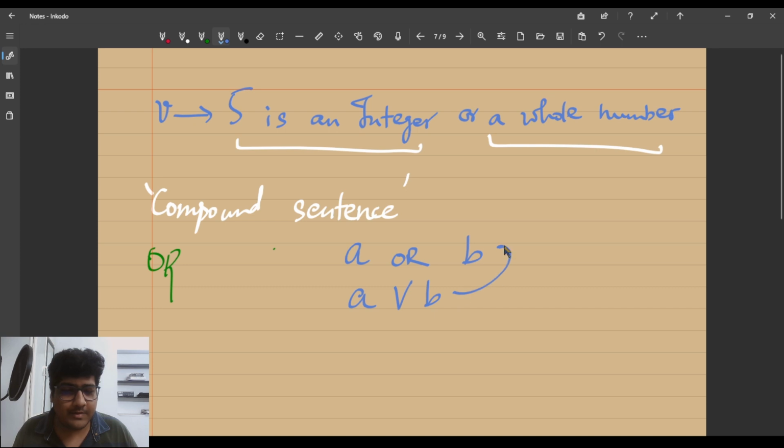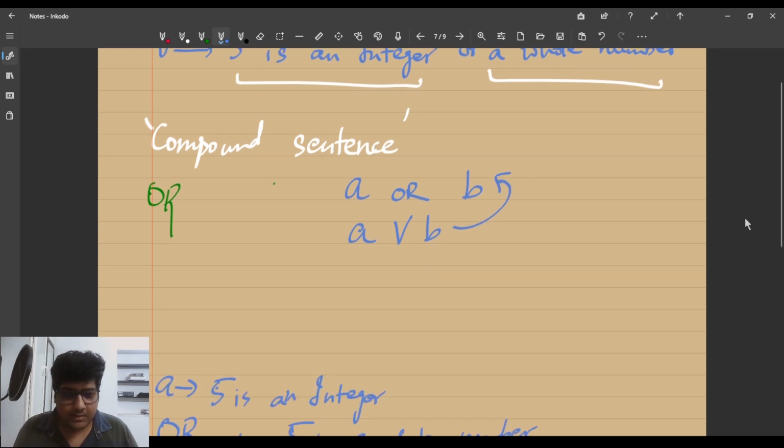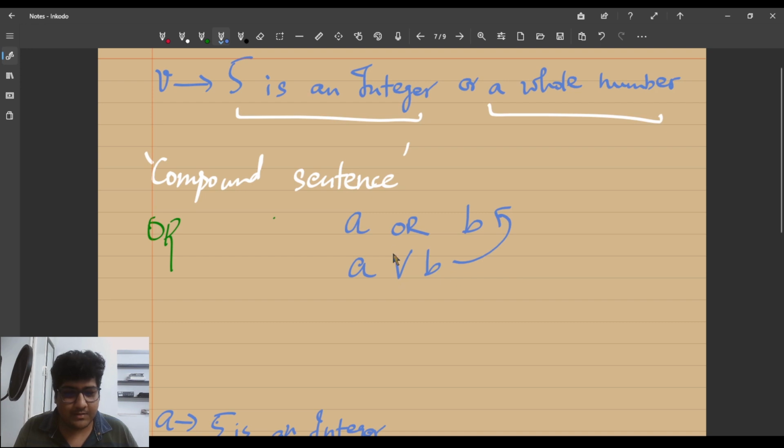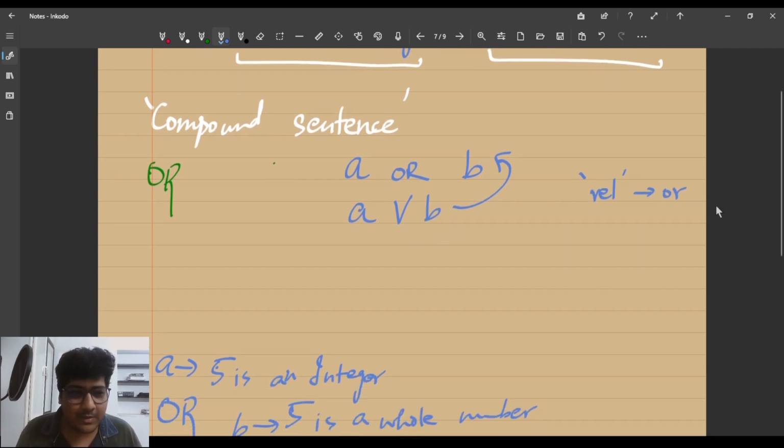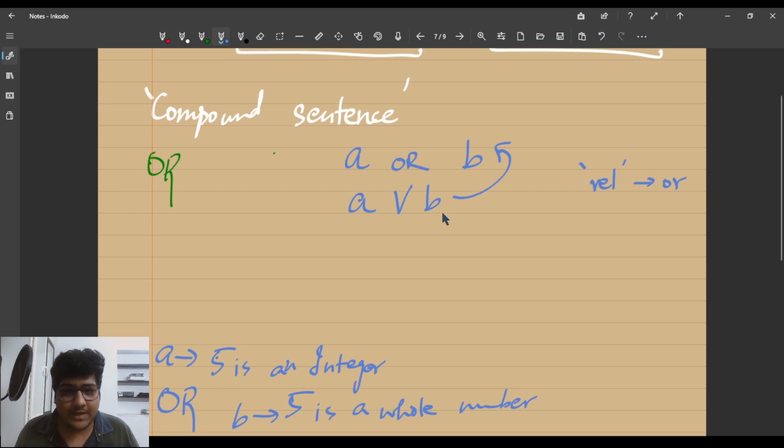This whole thing could be read as A or B. This actually comes from a Latin word, vel, which means or in Latin, and this is a symbol quite frequently used for or. So A or B is true if A is true. To say all these things, let me just draw something called a truth table, with columns A, B, and the statement A or B.